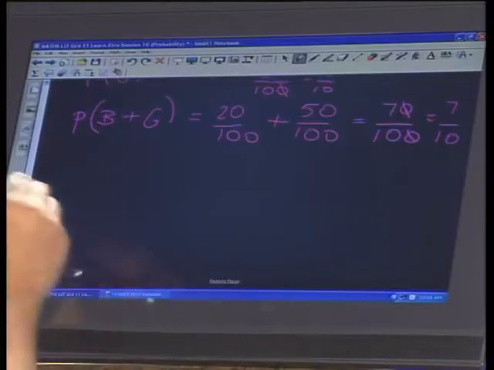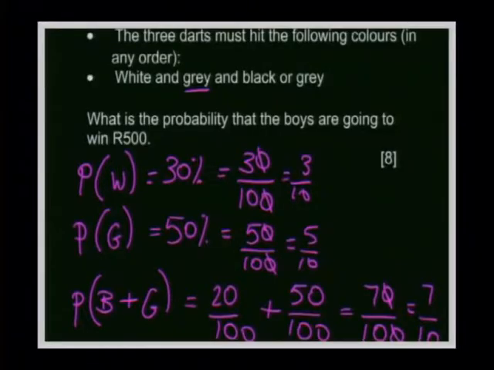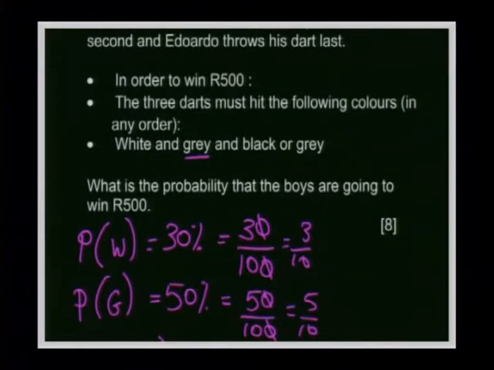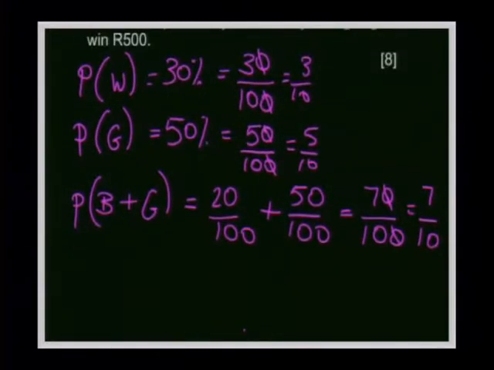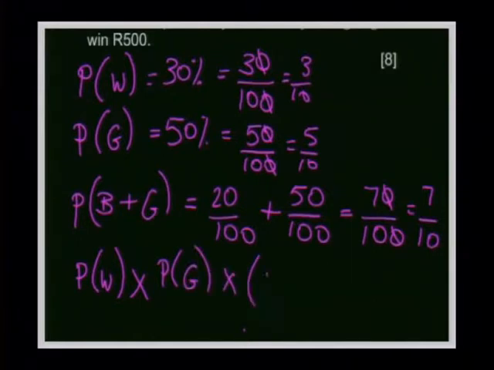So we need to go back to the question to see what was that. They needed to throw the darts in the following in any order. So we needed it to be white and gray and black or gray. So I've got each one of these calculated. So what I'm doing is I'm saying probability of white, and so I'm going to multiply the probability of a gray and the probability of black or gray.